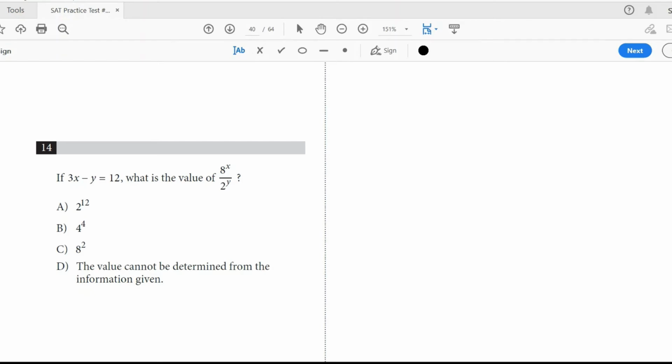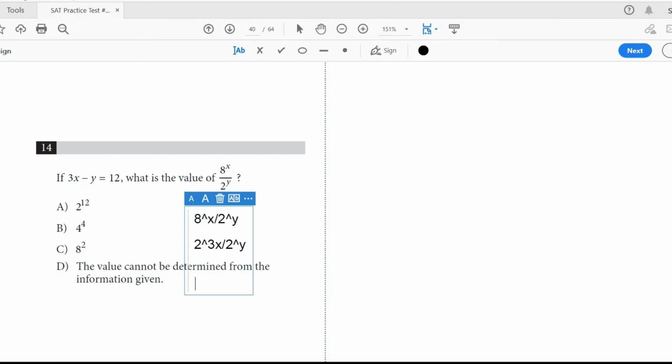So the way we do this is we first make 8 to the power of x into 2 to the power of 3, so therefore 2 to the power of 3x divided by 2 to the power of y is what we're trying to solve.